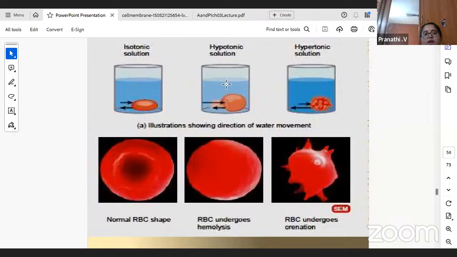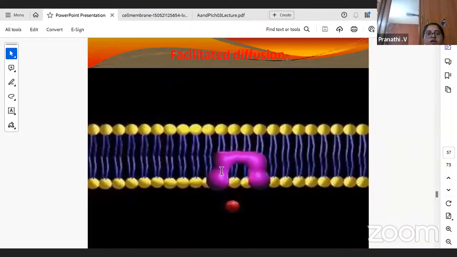Hypotonic is when the concentration of water is more outside and less inside the cells. So the cells, because of osmosis, absorb water and burst. Hypertonic, what happens is all the water is going to come out of the cells because the solute concentration is more. Normal RBC undergoes hemolysis and crenation.